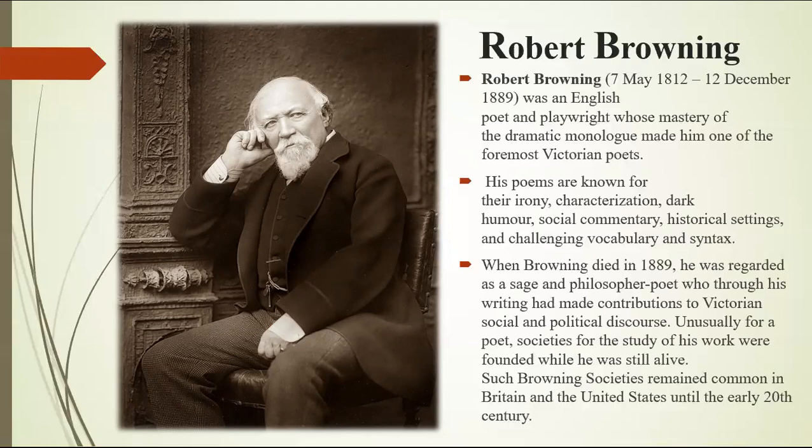We are going to go into it in the next slide, but some few characteristic features of his poems are irony and dark humor, social commentary, social settings, and challenging vocabulary and syntax. The most important words here are irony, characterization, dark humor, social commentary, and in case of this poem, a historical setting, and in case of many other poems.